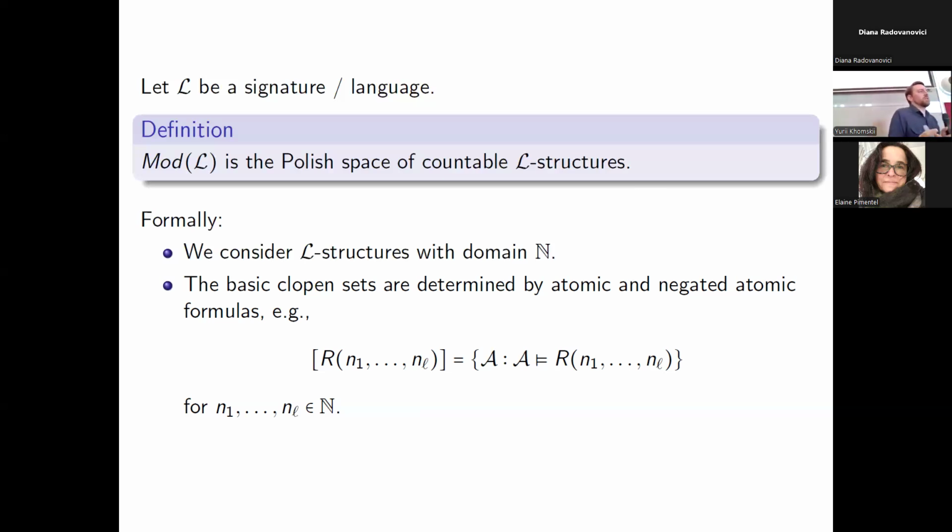So the open sets correspond to saying, essentially, either this basic fact about the structure is true, or this one is true, or this one, and so on. You should think of the open sets as elementary facts about the structure: the set of all the structures that satisfy some basic elementary fact.